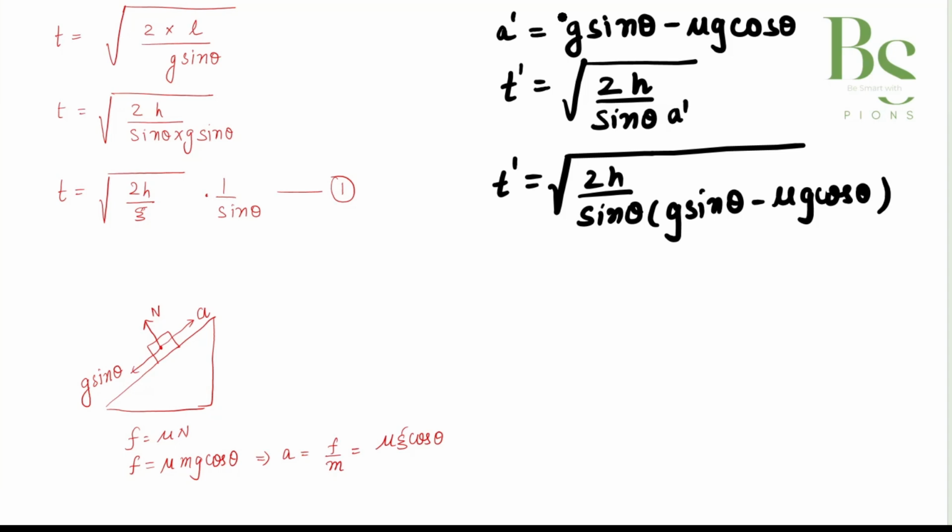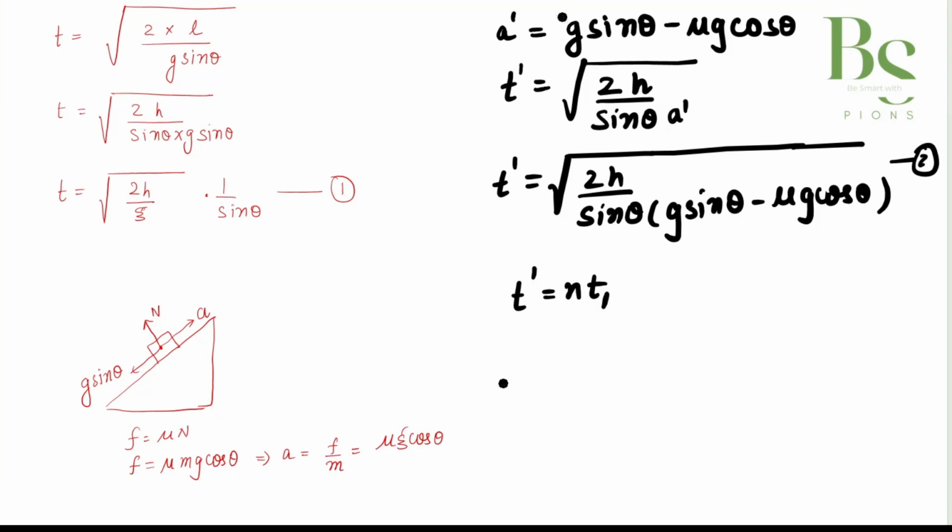Now if this is our new time period, we can simply find our relation. So what is our relation? Our relation is the new time period t dash is n times the previous time period t1, correct? Next, what is our t1 value from equation 1 and t dash value? Let's call it equation 2. Let's substitute it over here.